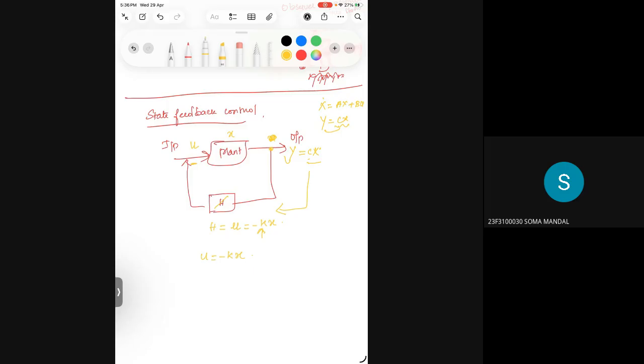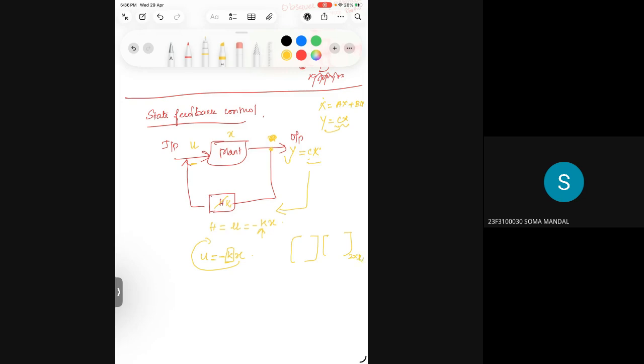So here, instead of h, you are replacing it with k, right? Basically you are taking the state back to the system, but a scaled version of it, based on your system vector. So if my system x vector is 2 cross 2, then this will be 2 cross 2, right?